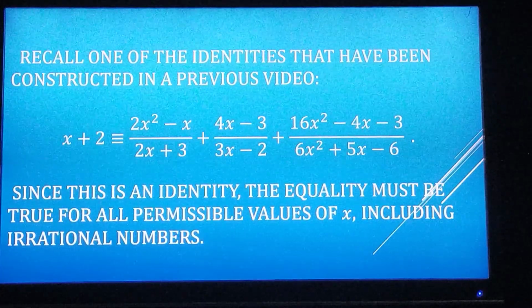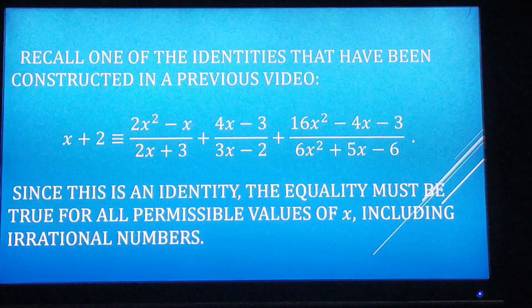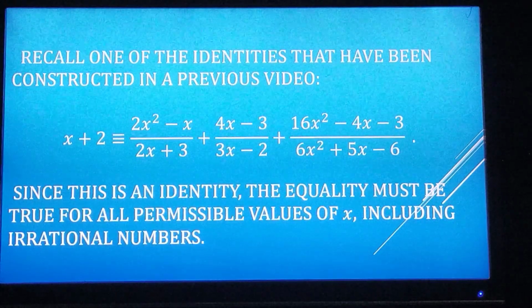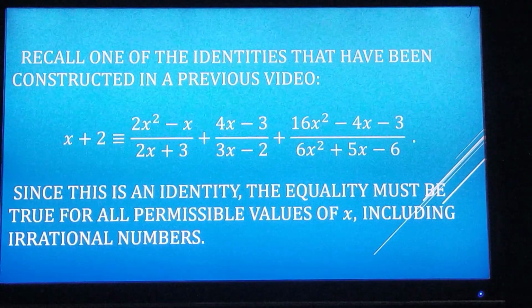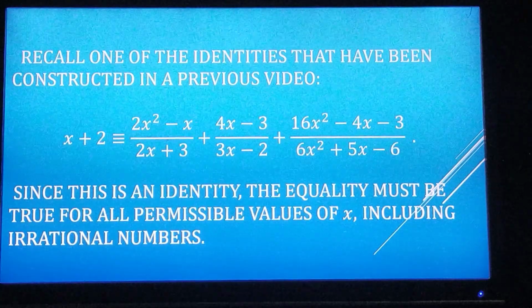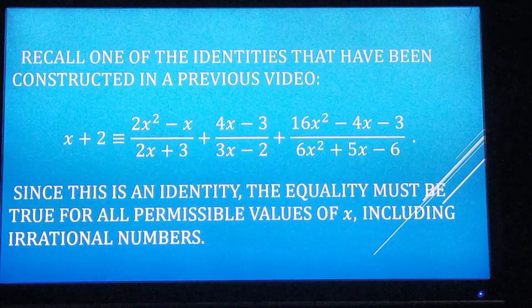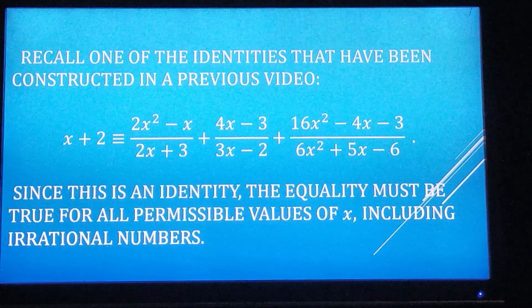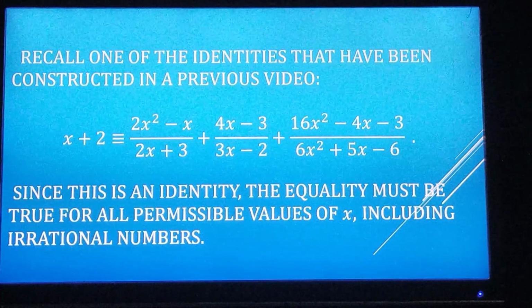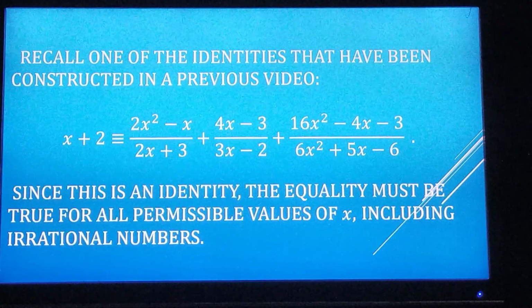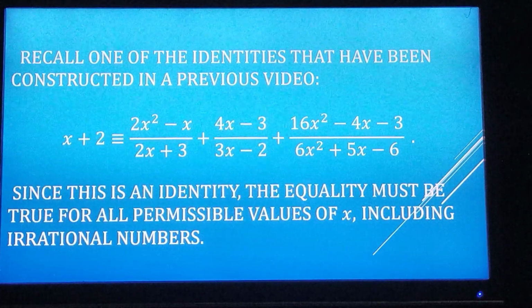Recall one of the identities that have been constructed in a previous video. This one: x plus 2 is identical to (2x squared minus x) over (2x plus 3) plus (4x minus 3) over (3x minus 2) plus (16x squared minus 4x minus 3) over (6x squared plus 5x minus 6).